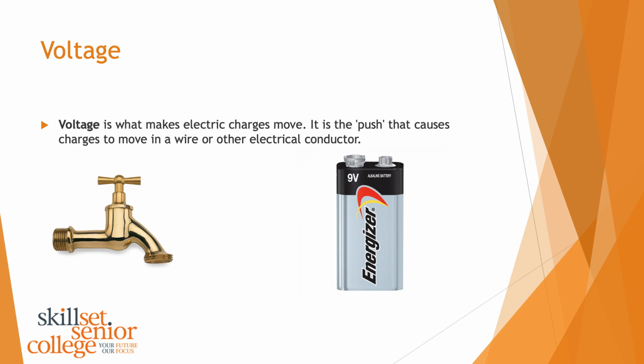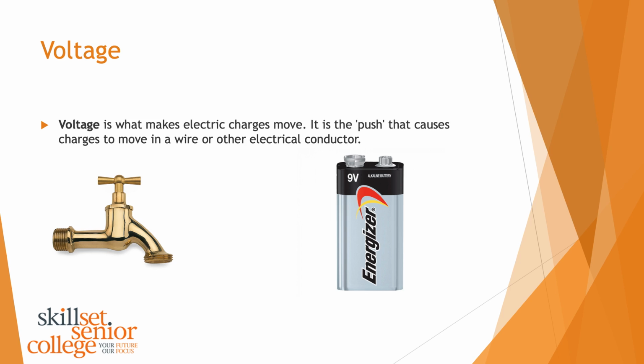The voltage is what makes the electrons move through the circuit. It's the push, essentially, that causes the charges to move in a wire or another electrical conductor. The way I like to imagine it is, imagine you have a tap and you turn the tap just slightly. The water is going to come out and it's not going to be much of a high flow.